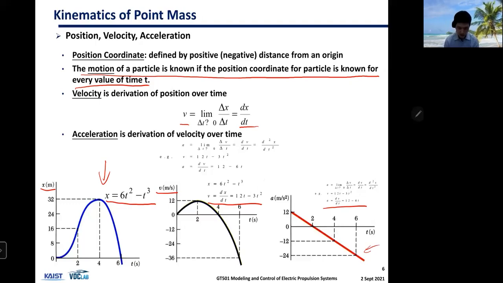And we can also relate this in the backward manner: we can calculate velocity and position for a given acceleration by integrating over time. If we integrate this over time, we get this function, and if we integrate again, we get this curved function.